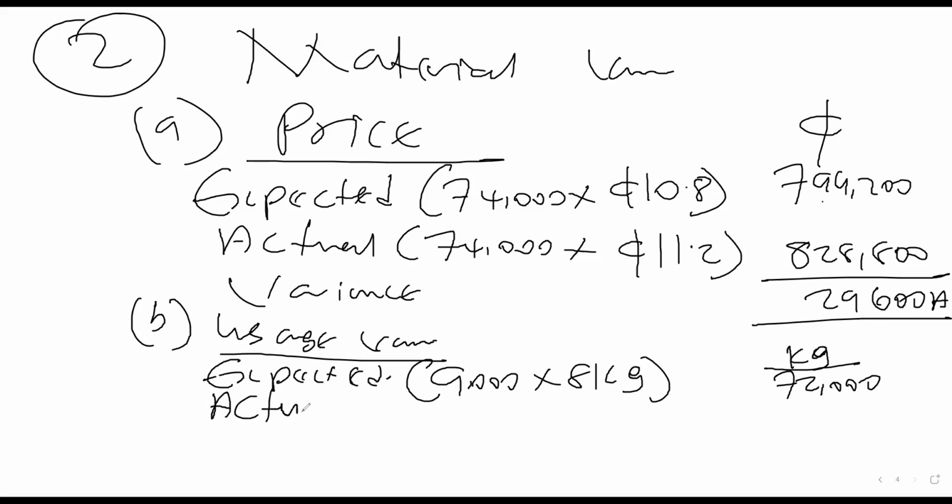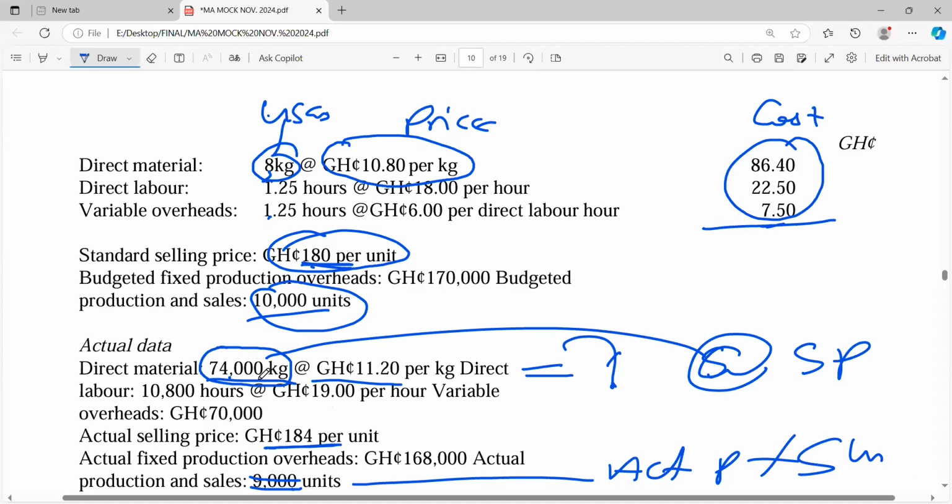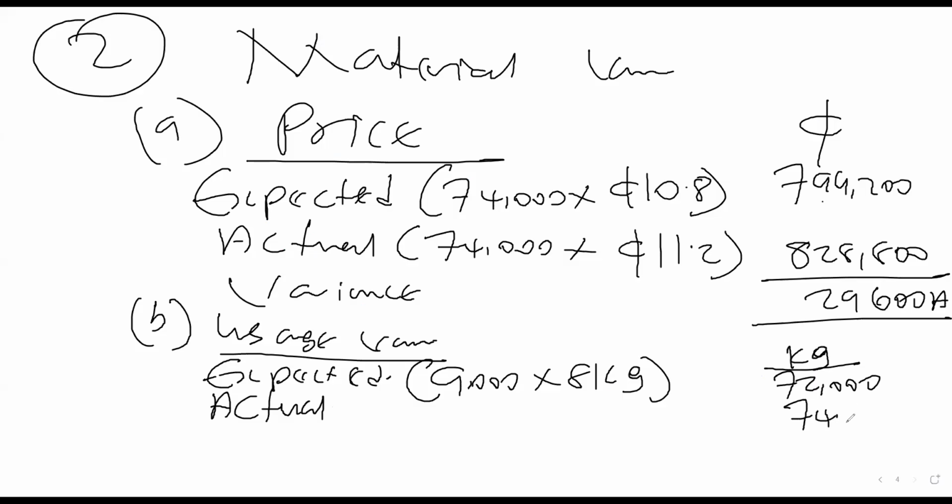What is the actual material usage? The actual material we used was 74,000 kgs. So we have used much more than we're supposed to. We're supposed to use 72,000, but we have used 74,000.